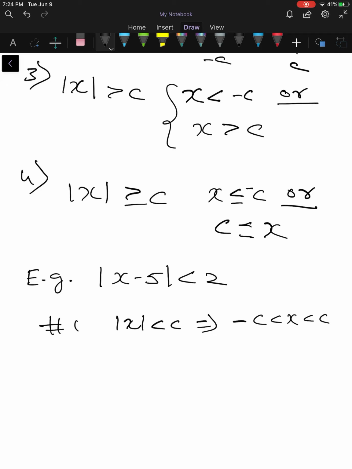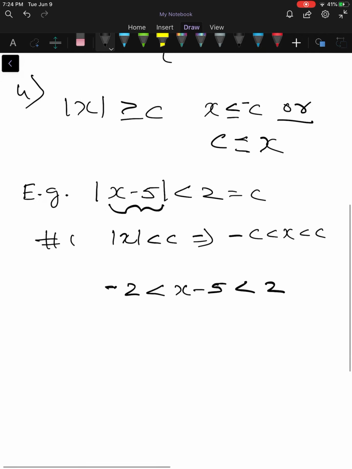So if you apply that here, c is nothing but 2, and this whole expression can be treated as a variable. So negative 2 is less than x minus 5 is less than 2.